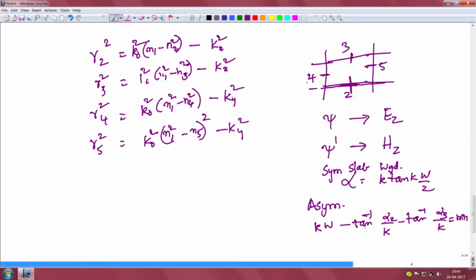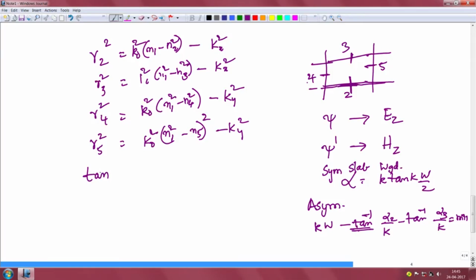So, effectively it is in terms of transcendental functions of tan. Similarly, we can apply the boundary conditions and obtain the characteristic equations, or the dispersion equations, to obtain the values of kx and ky. I will just write down and summarize later on.